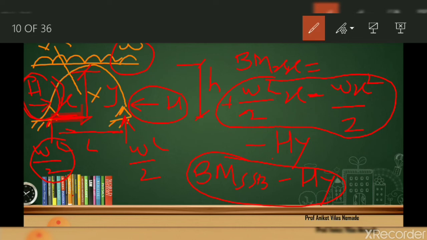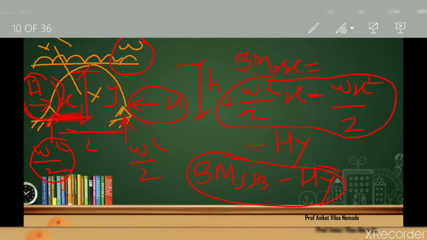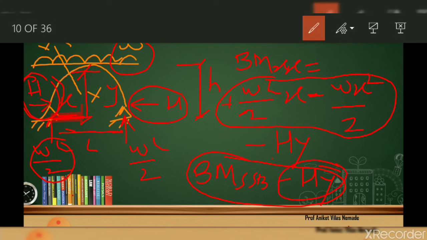It reduces the bending moment in the section of the arch by an amount of Hy. This is the main conclusion from this analysis. I hope you understood why the bending moment is reduced in arches.